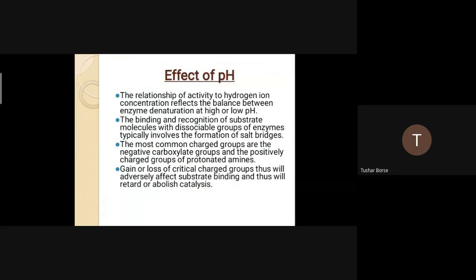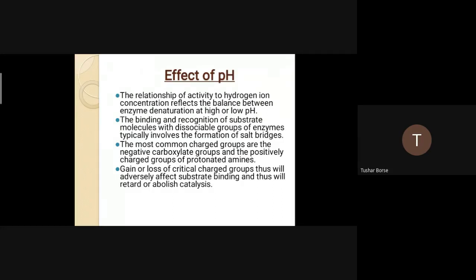The next factor we will be discussing will be the pH. The enzymes are active only over a limited range of pH, and most of the enzymes are specific to a particular pH. For example, trypsin is active in alkaline medium, diastase is active in neutral medium, and pepsin is active in acidic pH.